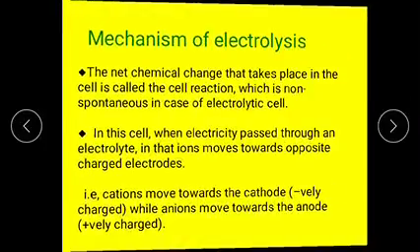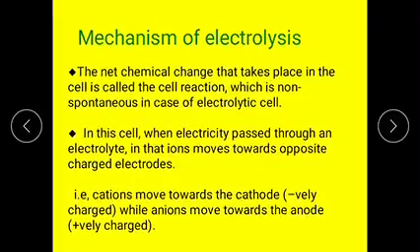Now let us see the functioning of this electrolysis process.